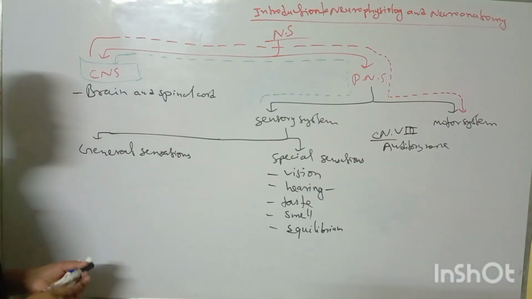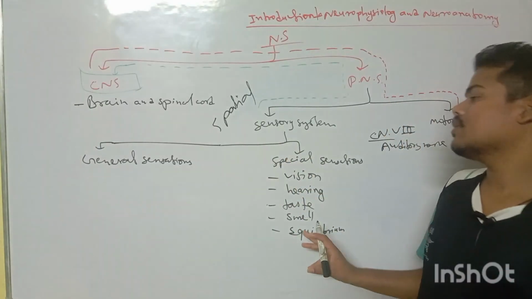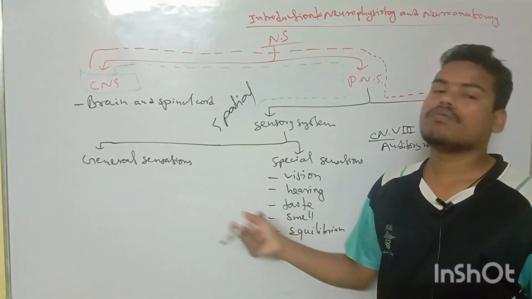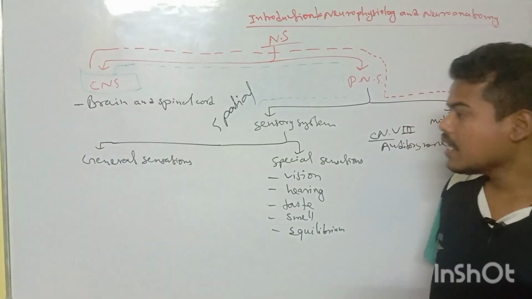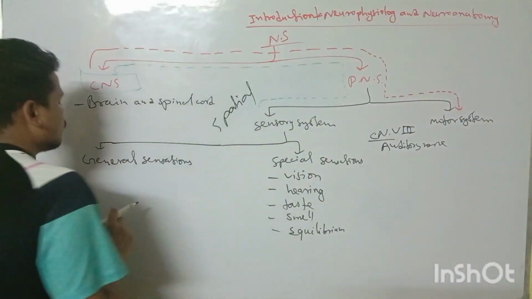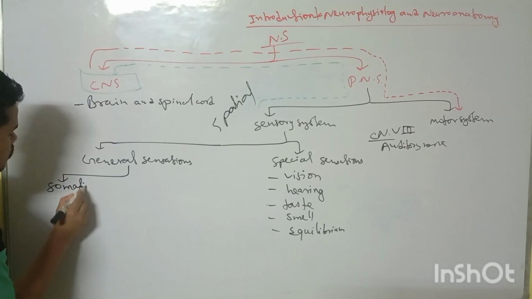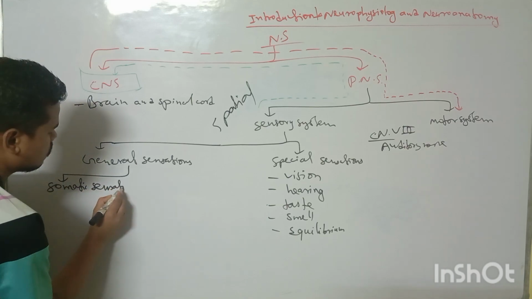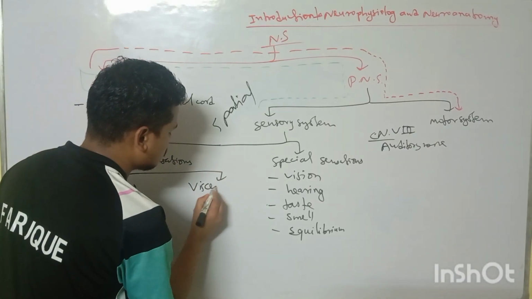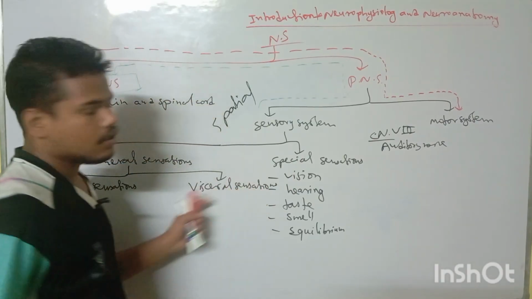Now I will talk about the general sensations. Excluding these special sensations, all the sensations from the body will be the general sensations. Further, these general sensations can be divided into the somatic sensations and the visceral sensations.